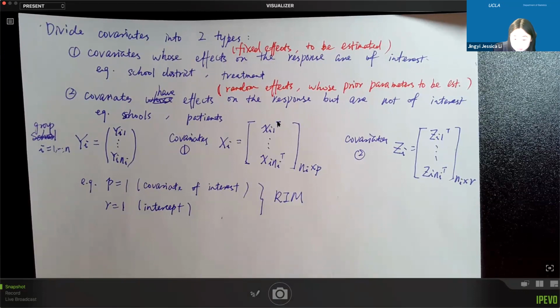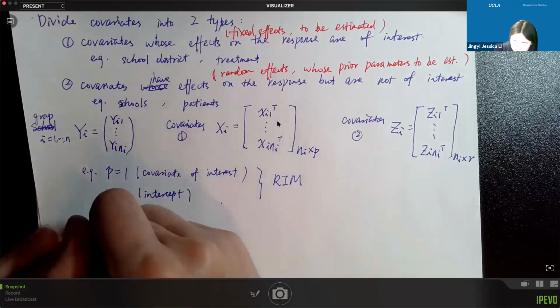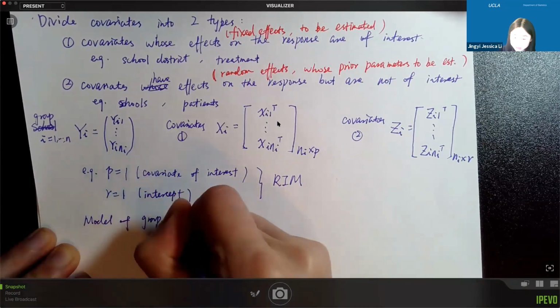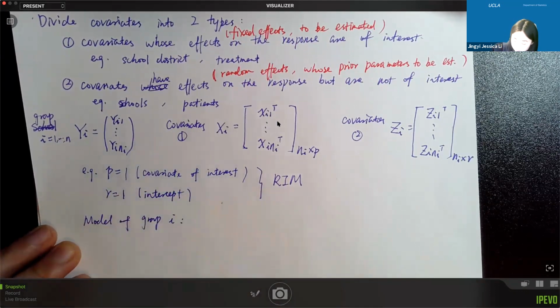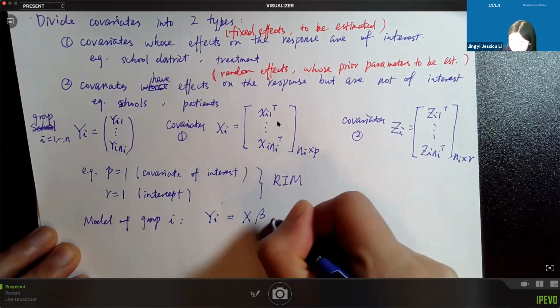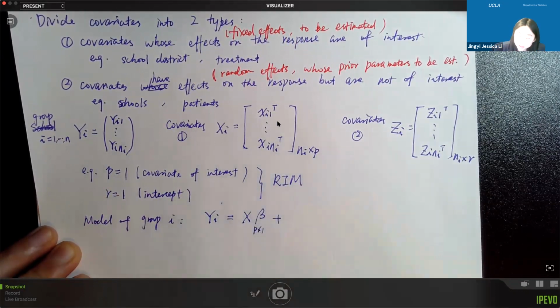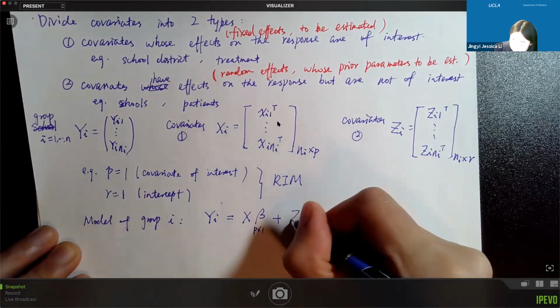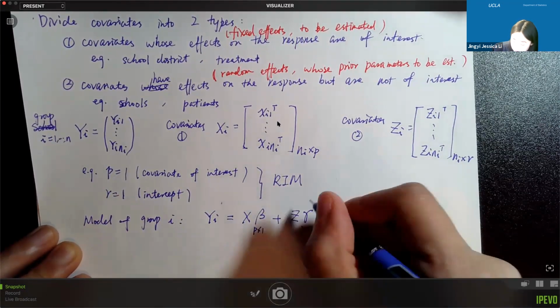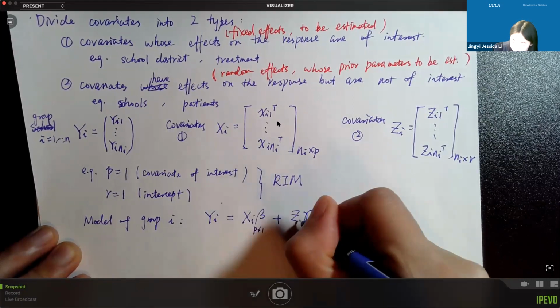Then the model of group i is assumed to be, using our vector notation, y_i equals X_i times beta, where beta is a p by 1 coefficient vector, plus Z_i times gamma, where gamma is an r by 1 coefficient vector, plus epsilon_i.